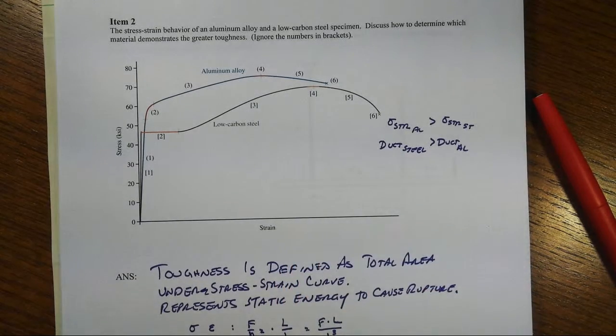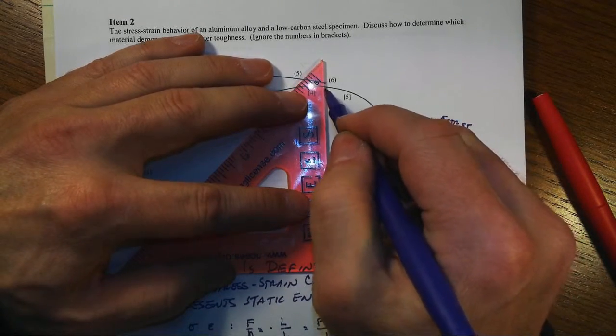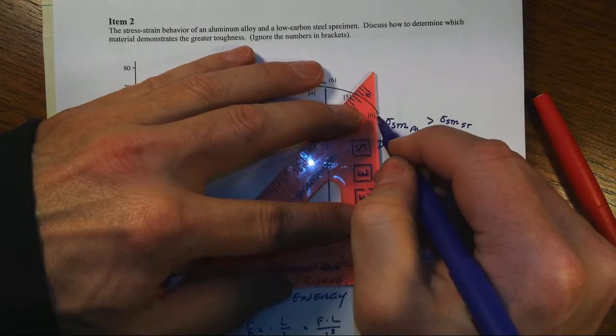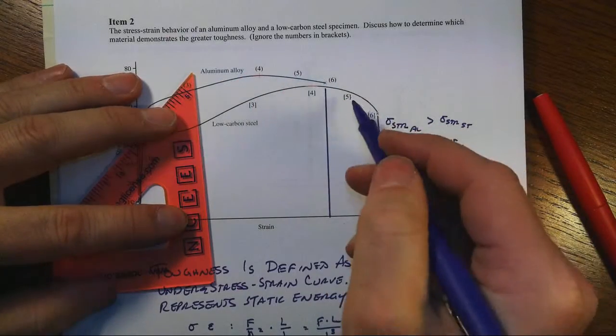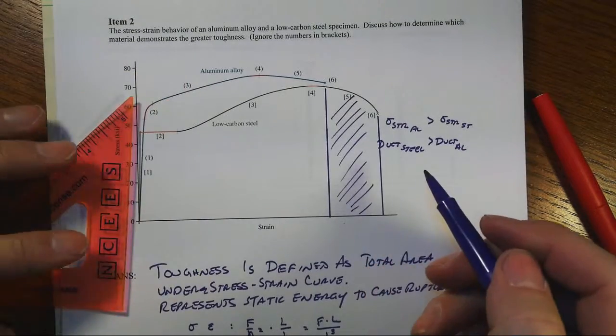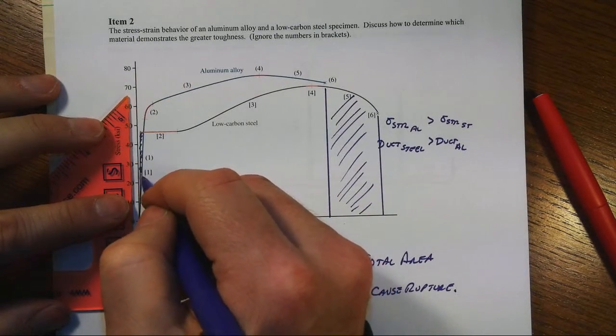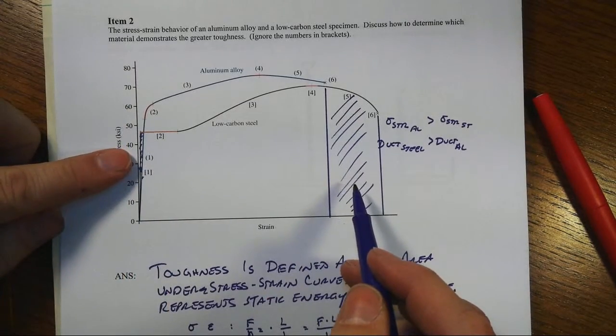And so that's why we get this notion of toughness, a combination of these two different kinds of things. And so now, if you by eye were to start to say, well, okay, this is about areas. So the area that the steel has that the aluminum doesn't is shown by these two little hashed areas.